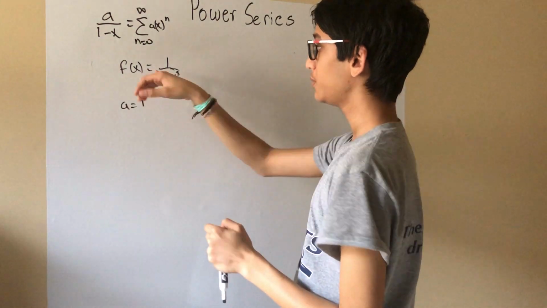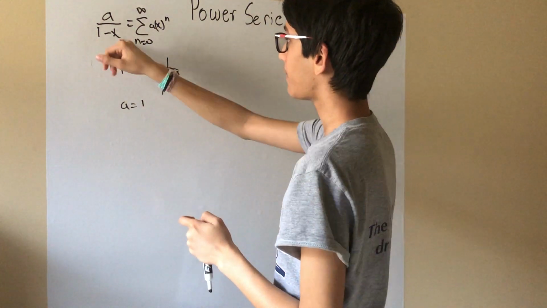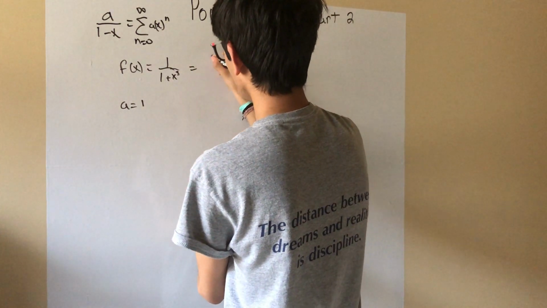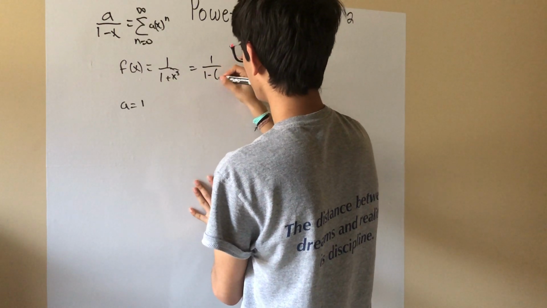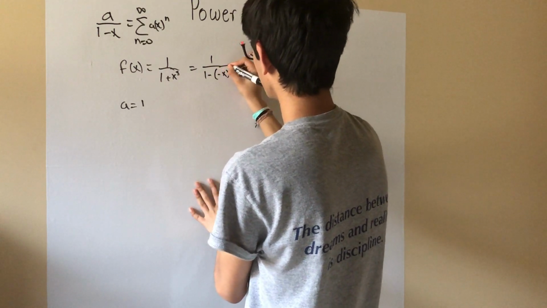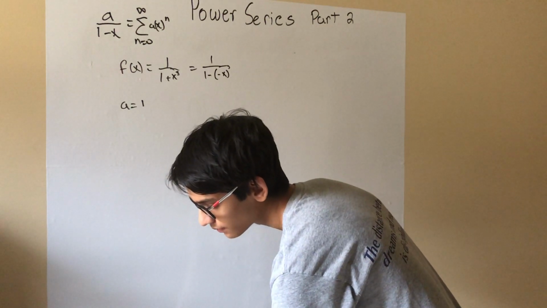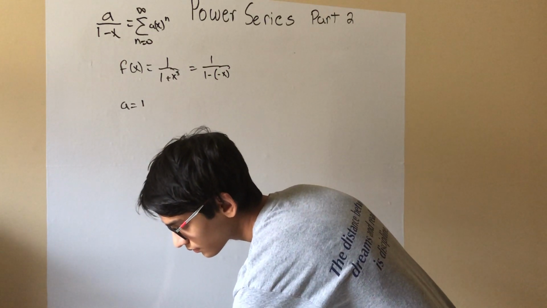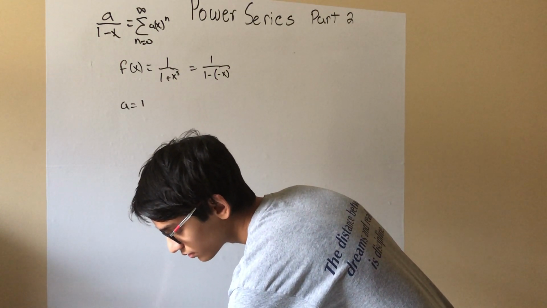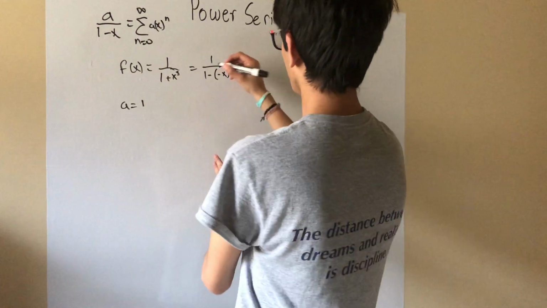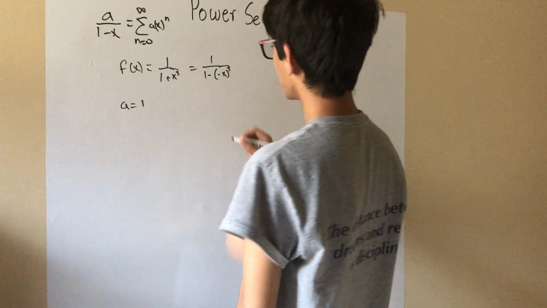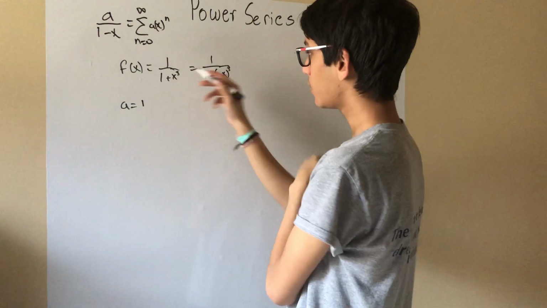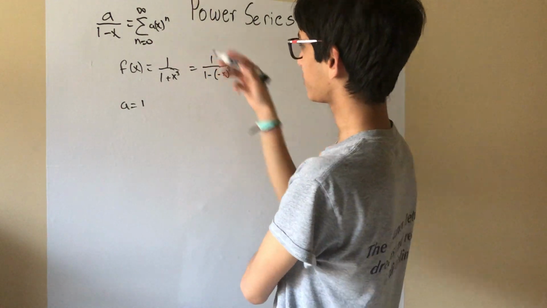And now you need to be able to manipulate this into the form where it's 1 minus something, right? So we can rewrite this as 1 minus negative x cubed, right? So now this value right here is the x, right?